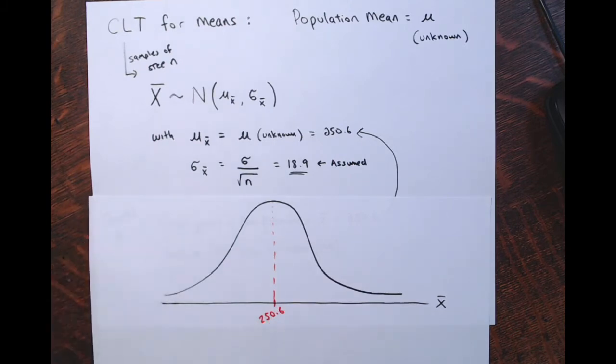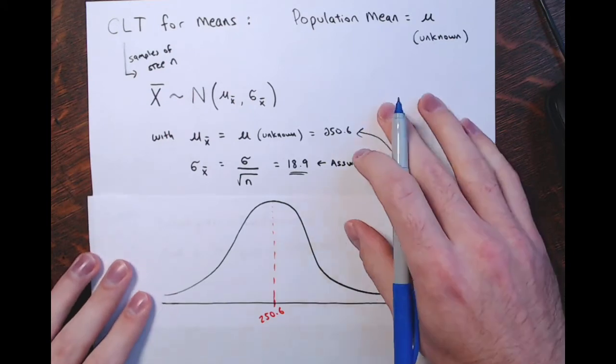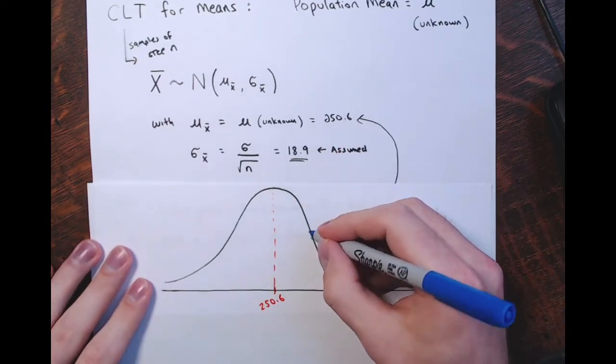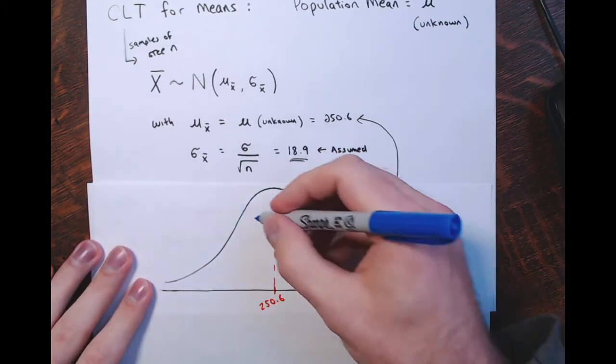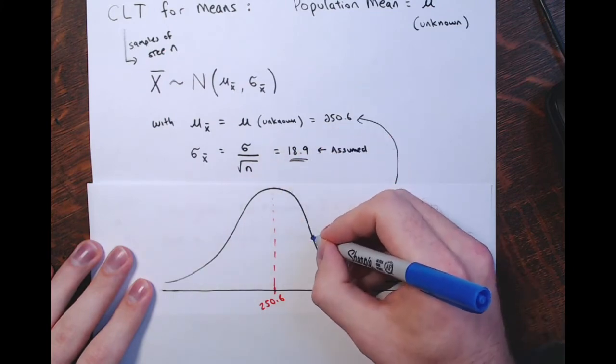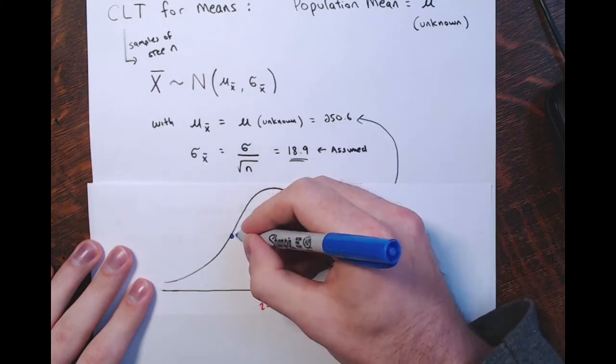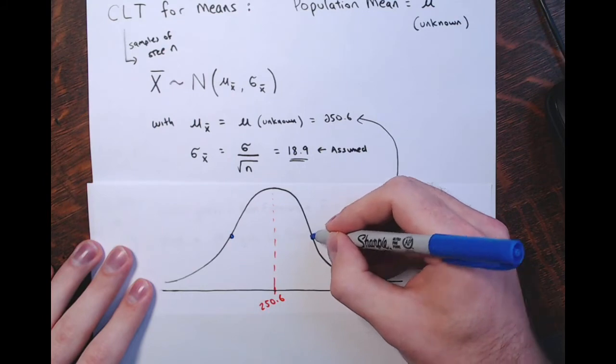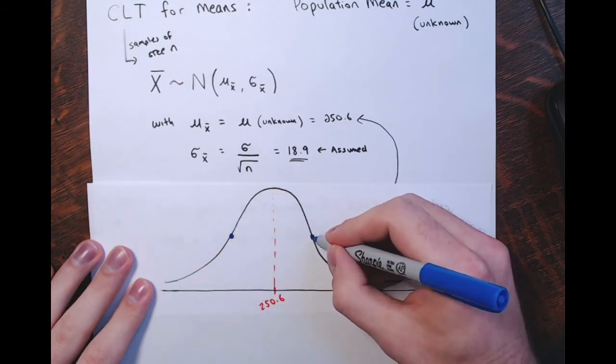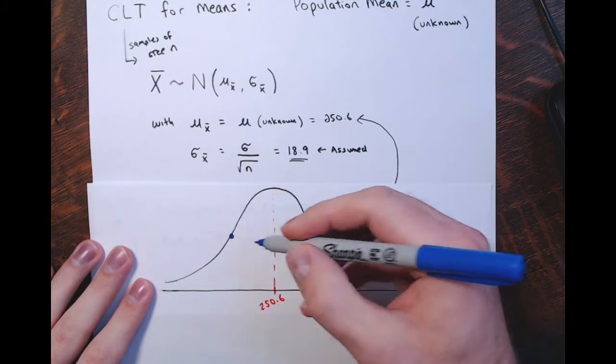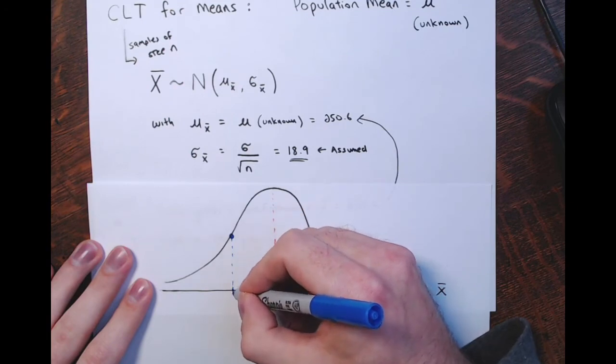Then under the inflection points, the points where the curve changes from curving down to curving up, and these should be the same distance on either side since it's symmetrical, those are going to be 1 standard deviation away.